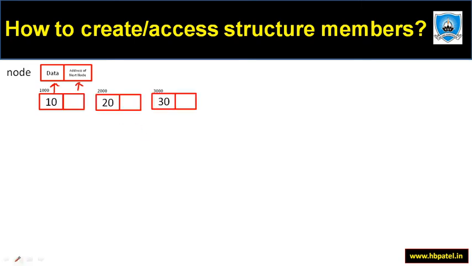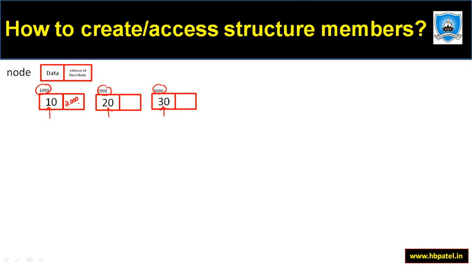Supposing I am having three nodes, they have 10, 20, 30 as data members, and I have not put anything in the address members. For example, addresses are 1000, 2000 and 3000, and data members for the nodes are 10, 20 and 30. Now I wish to create a linked list. So what I'll do, I'll put the address of the second node, that is 2000, over here.